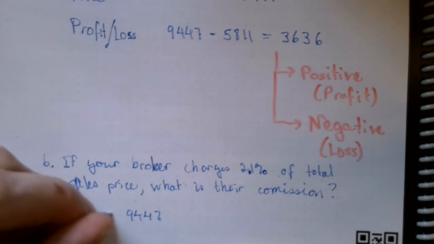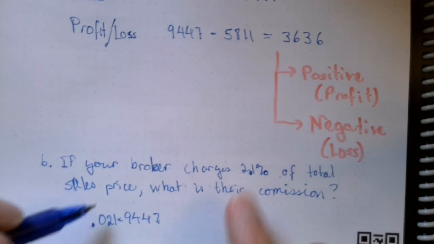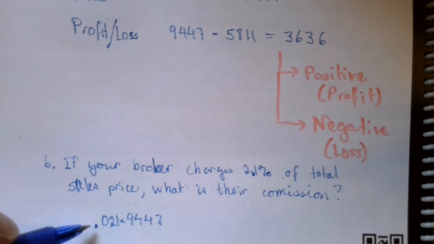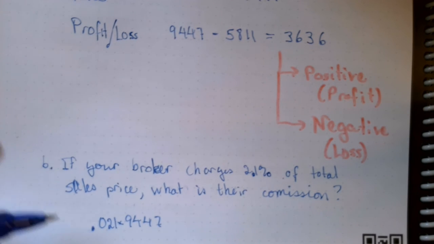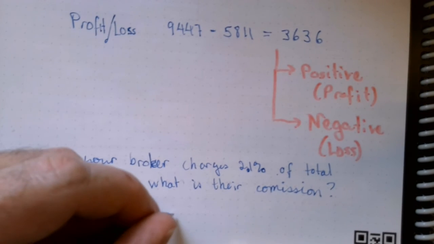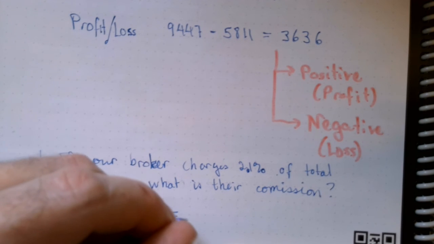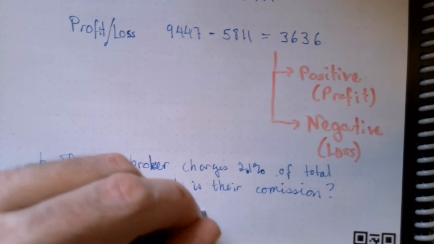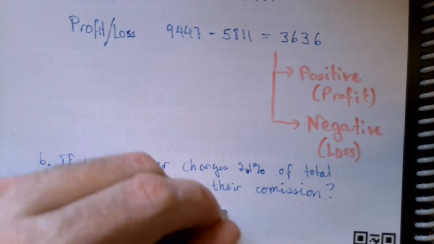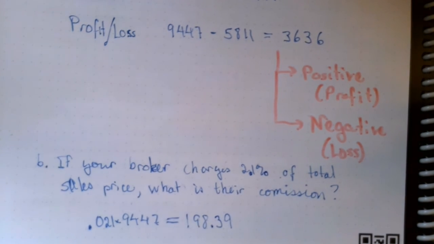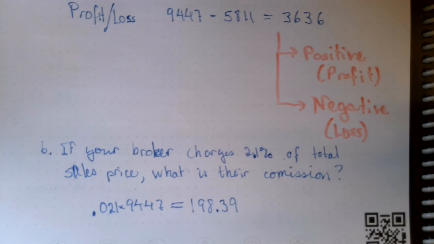Your broker is charging 2.1% of that. So we convert to a decimal, 0.021 times 9,447. And we get, rounded to the nearest penny, $198.39.